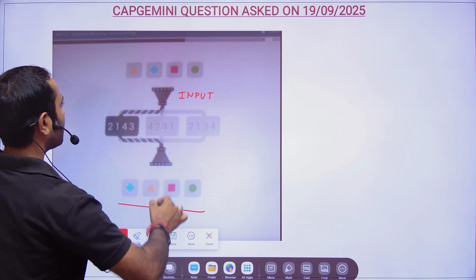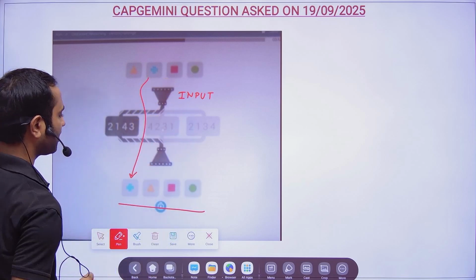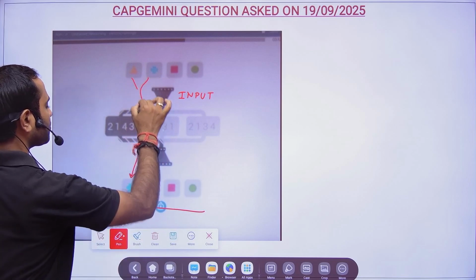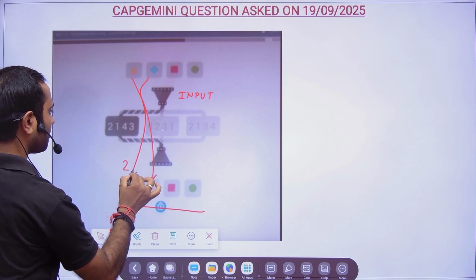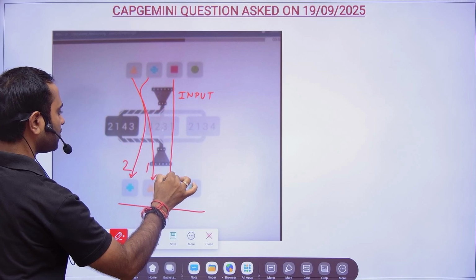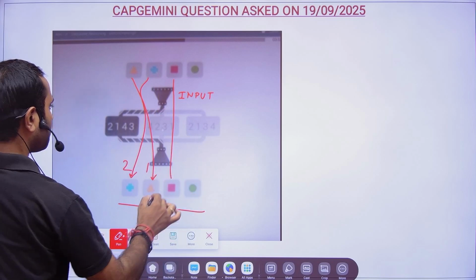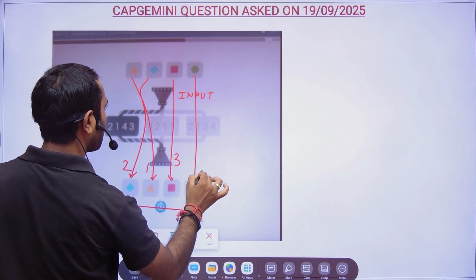What is happening? The second one is coming at the first place, and then the first one is coming at the second place. The third one stays at the third place itself, and the fourth one stays at the fourth place itself.